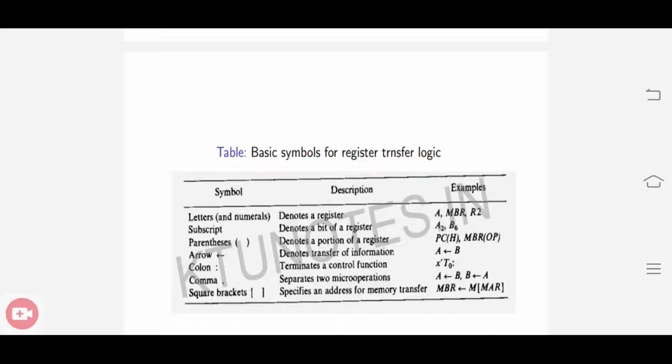And colon is an operator that terminates a control function. You can see xt1 colon A replacement operator B. So that colon is the termination of a control function. Comma separates two micro operations, that is A replacement operator B, comma B replacement operator A. And the square bracket specifies the address of a memory transfer. These are the basic symbols for register transfer logic.